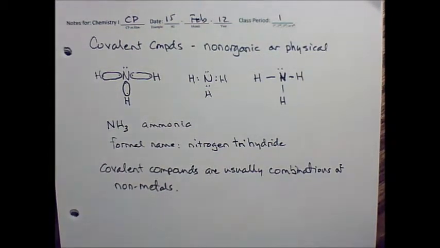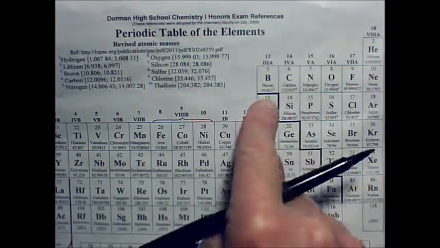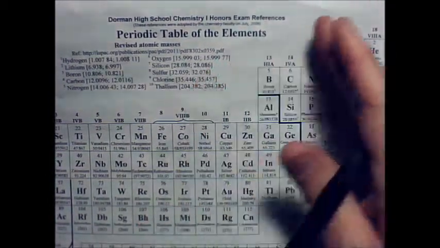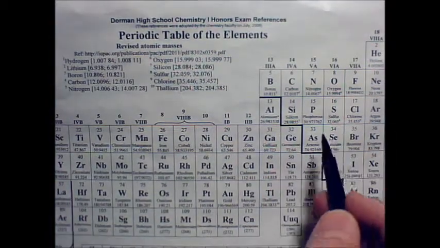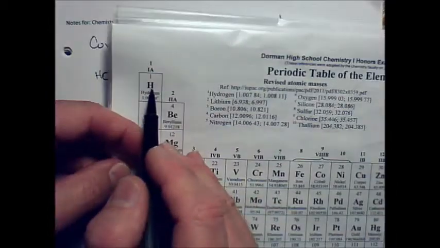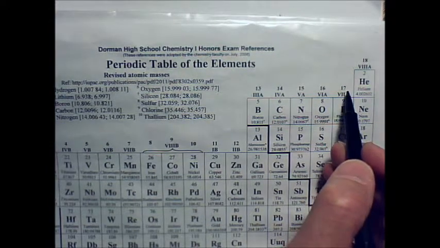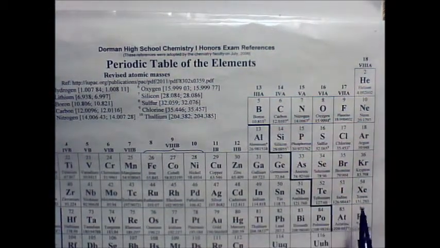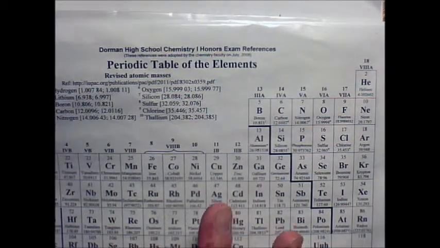When we were in Unit 2 and looked at periodic table properties and patterns, we went over that from this stair-step arrangement to the upper right, those are all the nonmetals. So any combination of these elements, or of these elements and hydrogen, because hydrogen best belongs here in this context, would be a covalent compound, usually.